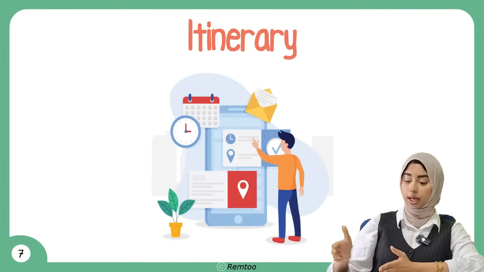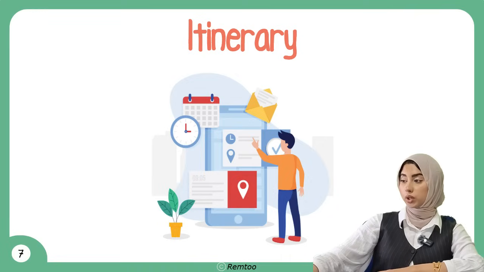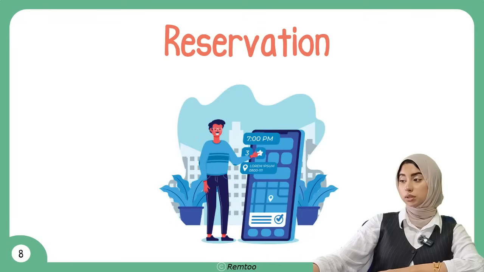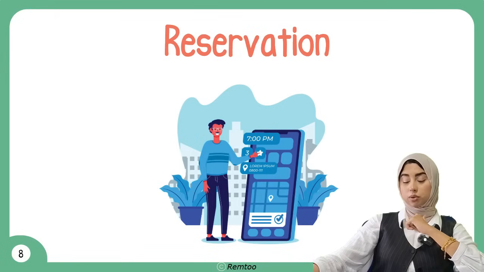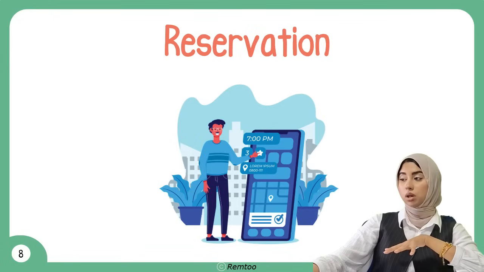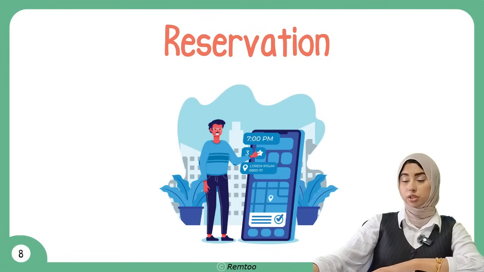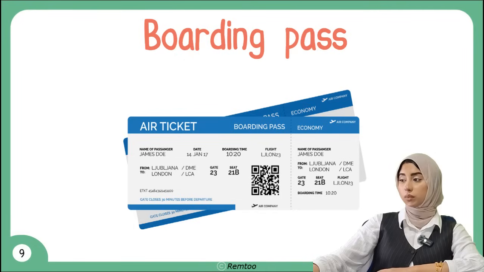This is the plan of your journey. Reservation, reservation, reservation. Reservation is like booking, for example, when I call or send a message to the hotel to book a room. Reservation, like al-hajz.